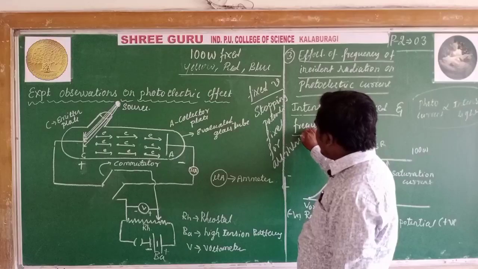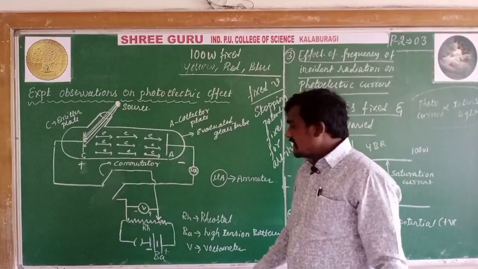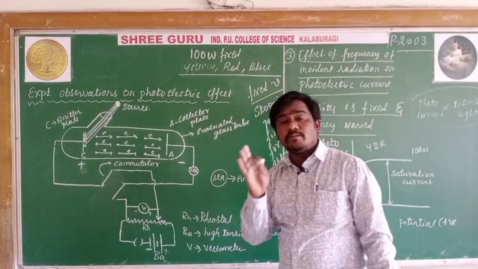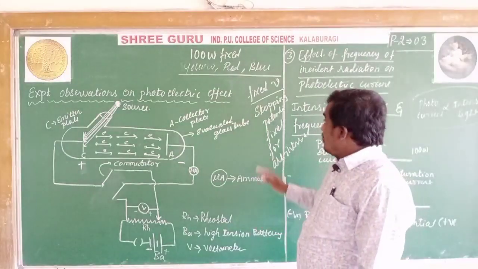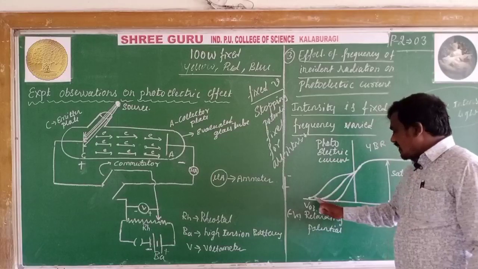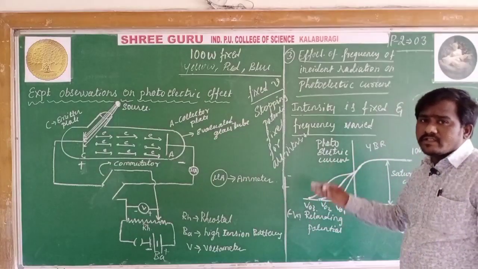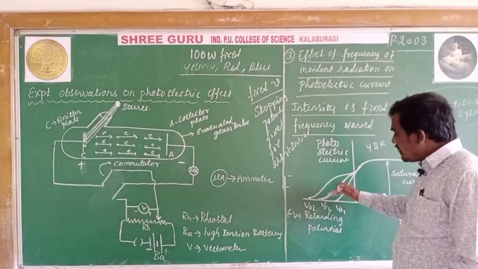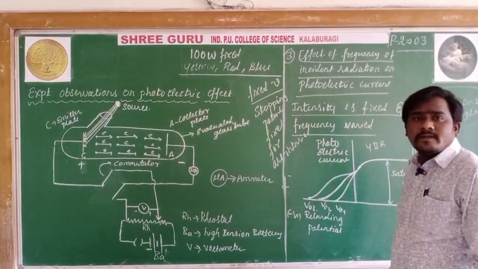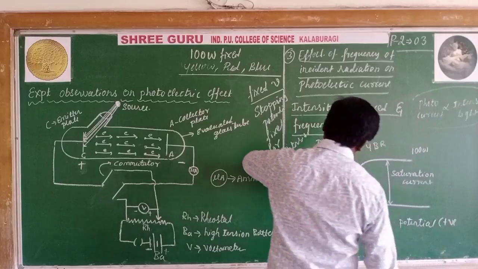If any type of intensity, maybe n number of intensities, increases, the stopping potential is also the same, and that is the minimum potential. But if the frequency is varied, the stopping potential points are different. The photoelectric current goes to zero at a different potential, at a different frequency of light.